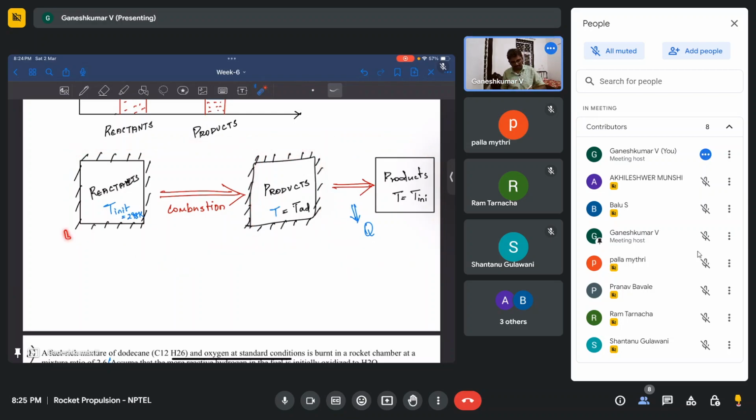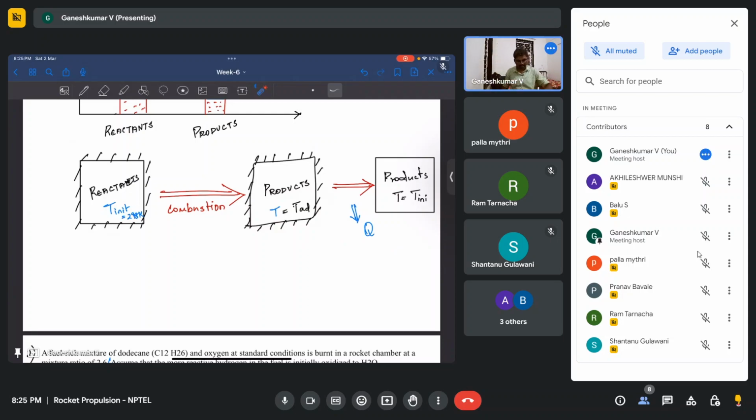So if you follow the first law of thermodynamics, and that is true, energy can neither be created nor destroyed. So whatever reactants have formation enthalpy in them, it gets released as a sensible enthalpy, and that's why you will reach a higher temperature. And the Q reaction you get is when you cool down those products to the initial temperature.